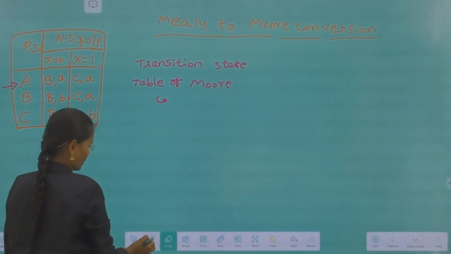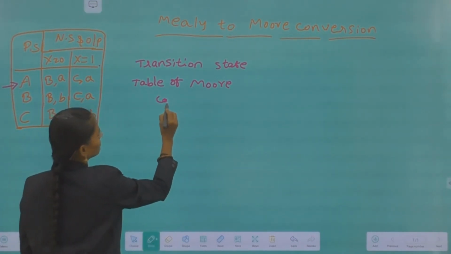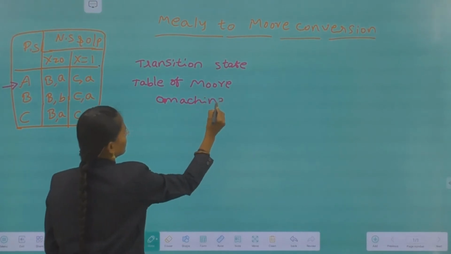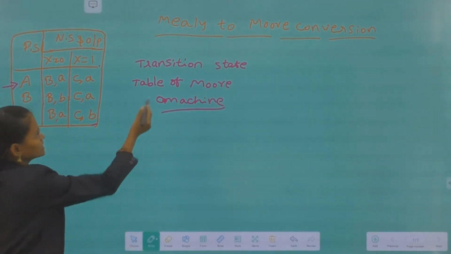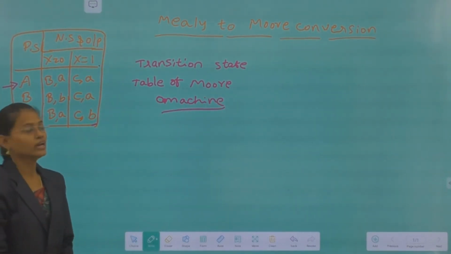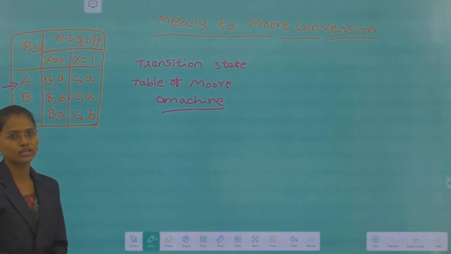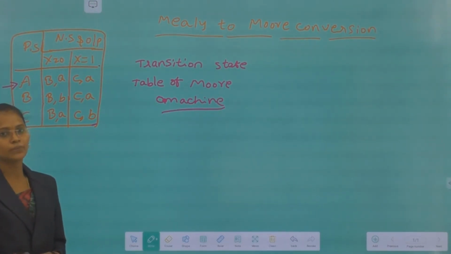Okay. In the Moore machine, this is the transition state table. In a Moore machine, we already know the outputs depend on the present states only. So in this Moore machine, more states are present.